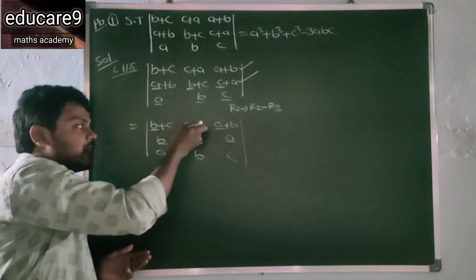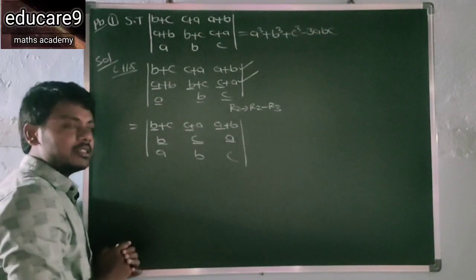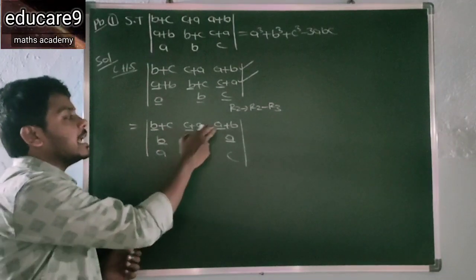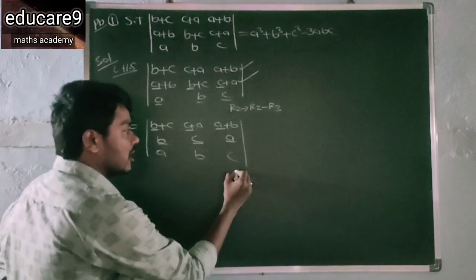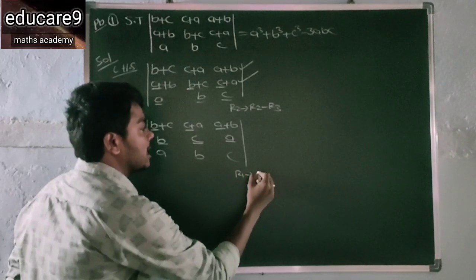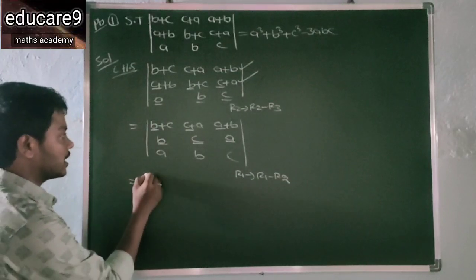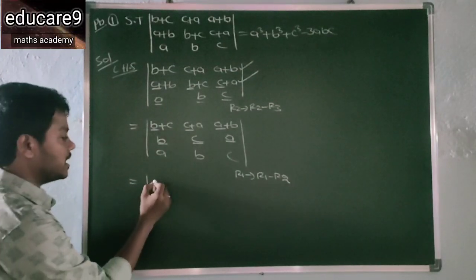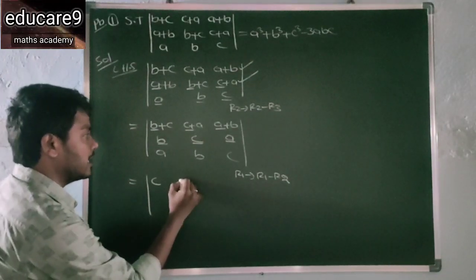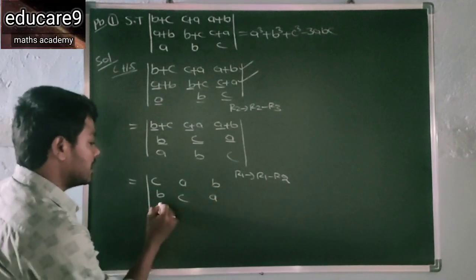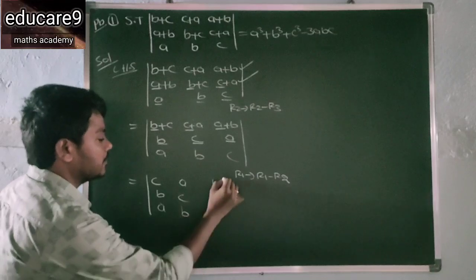If you do R1 minus R2, then clearly the first row is c, a, b. So therefore R1 implies R1 minus R2. So this is b plus c minus b, c, and this is a and b. So c, a, b, b, c, a, a, b, c.